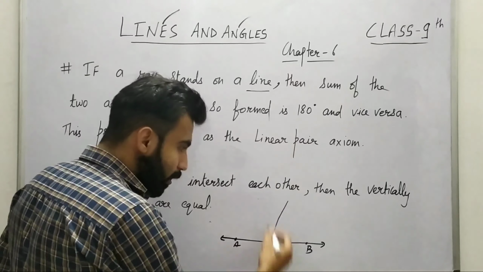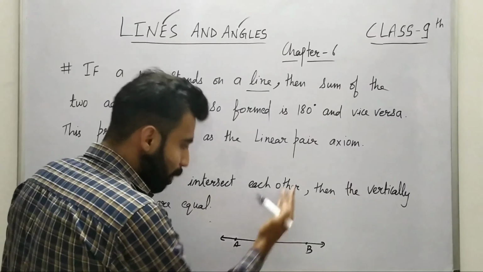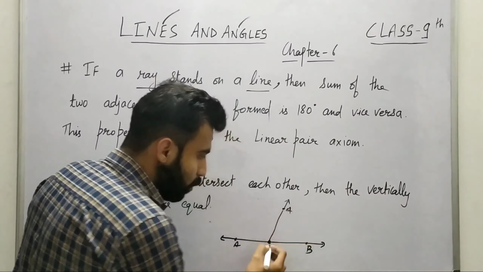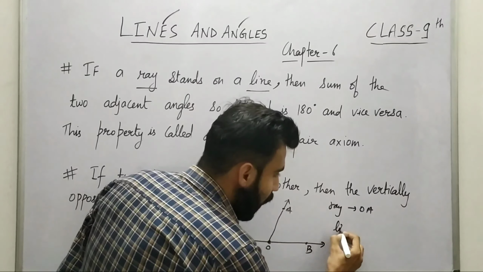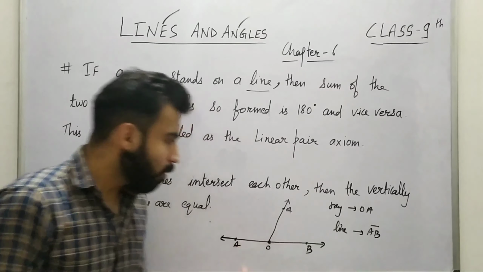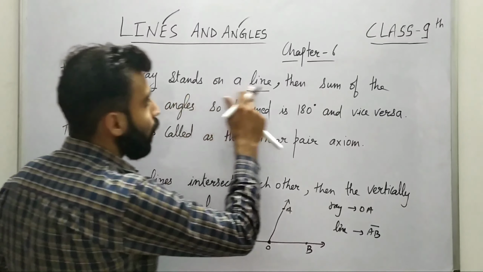It can be a vertical line, it can be a little tilted line. Whatever it is, let me take it like this. Let me name the ray as OA and the line as AB, right? So there's a line on which a ray is standing. So I've written here, a ray stands on a line.